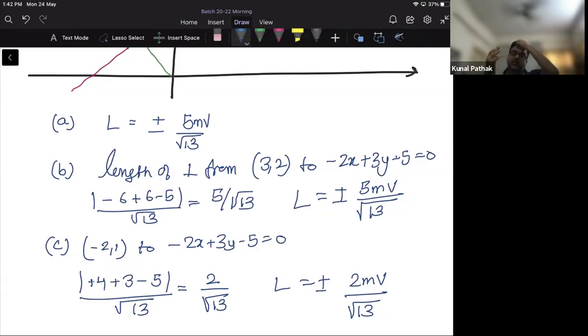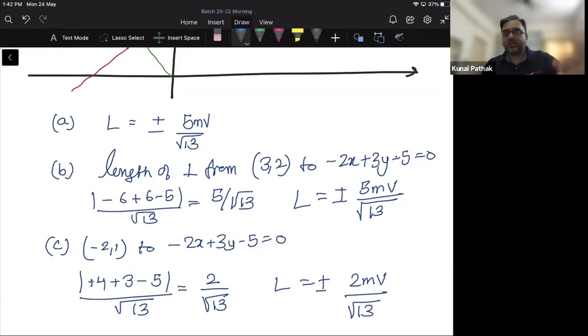So basically, all I'm doing is I'm trying to force you to find the perpendicular distance. That's it.